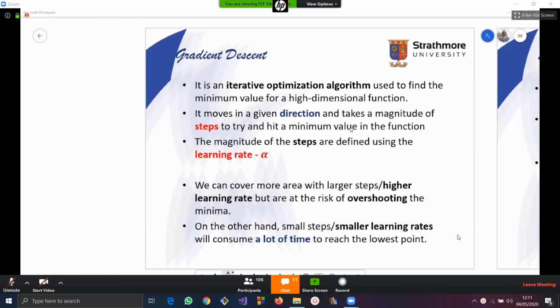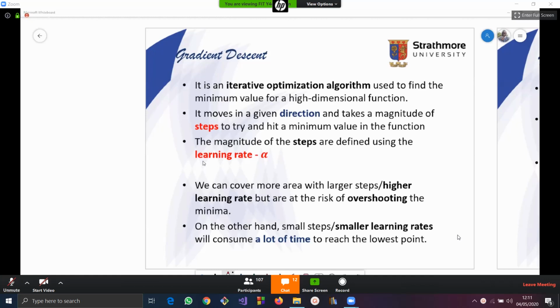After identifying a place in the error curve randomly, it starts to move. That's why you say it's iterative, and it moves in steps. The magnitude of the step that it takes is called the learning rate, which we're also going to define. So there is a learning rate in gradient descent.